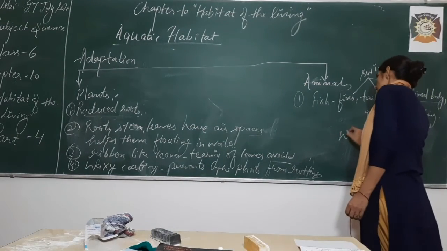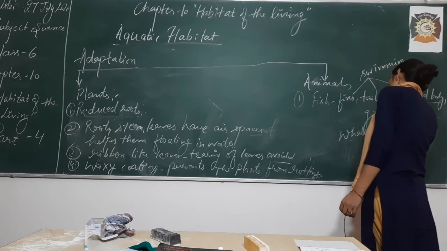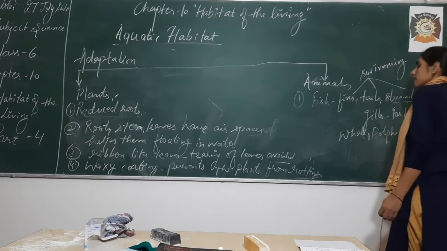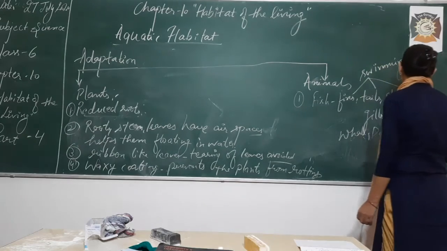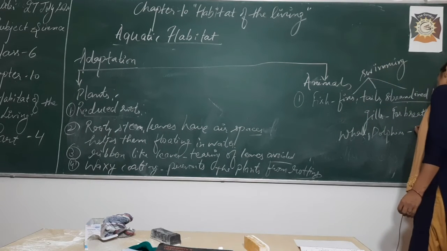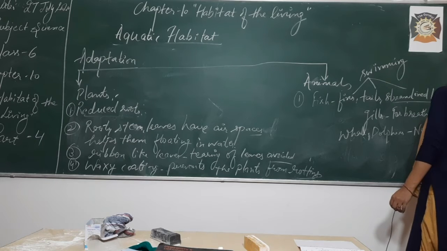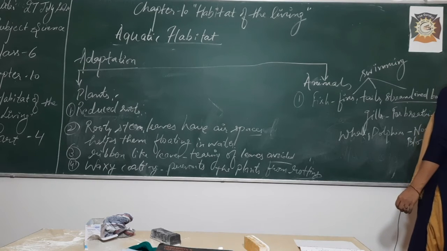Next is whales and dolphins. If I talk about whales and dolphins, what kind of adaptations do they have? They have a special kind of nostrils, which we also call blowholes.